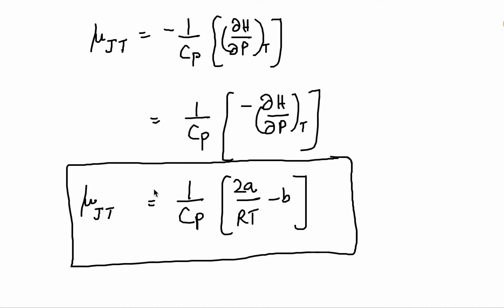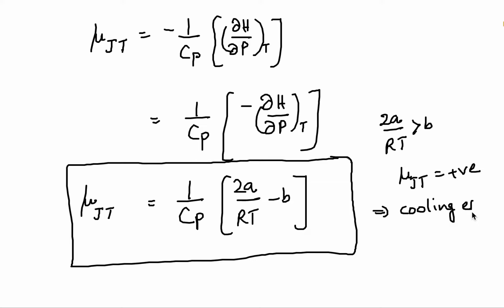The Joule-Thomson coefficient depends on A, the intermolecular attraction, and B, the size of the gas particles. And here there are three situations. If 2A/RT is greater than B, then μJT is a positive term, which means a cooling effect: when pressure drops, temperature drops.